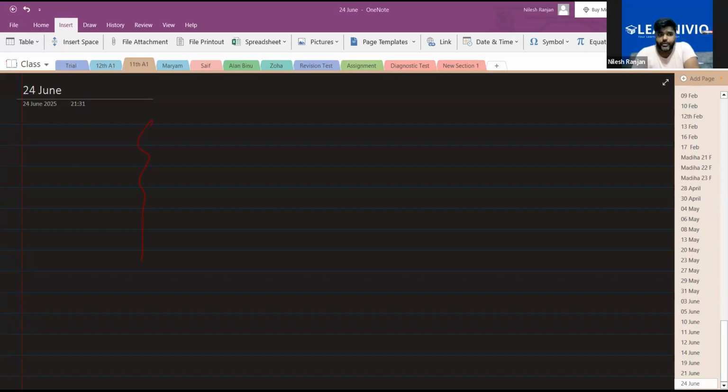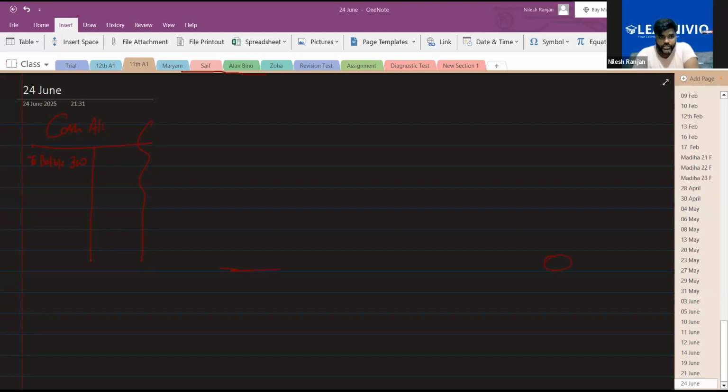Let's assume you have to prepare cash account. So cash account you will prepare in ledger. First, you will write this cash in hand, to balance b/d, 300. And then all the transactions which are in cash, like paid salary in cash, 300.